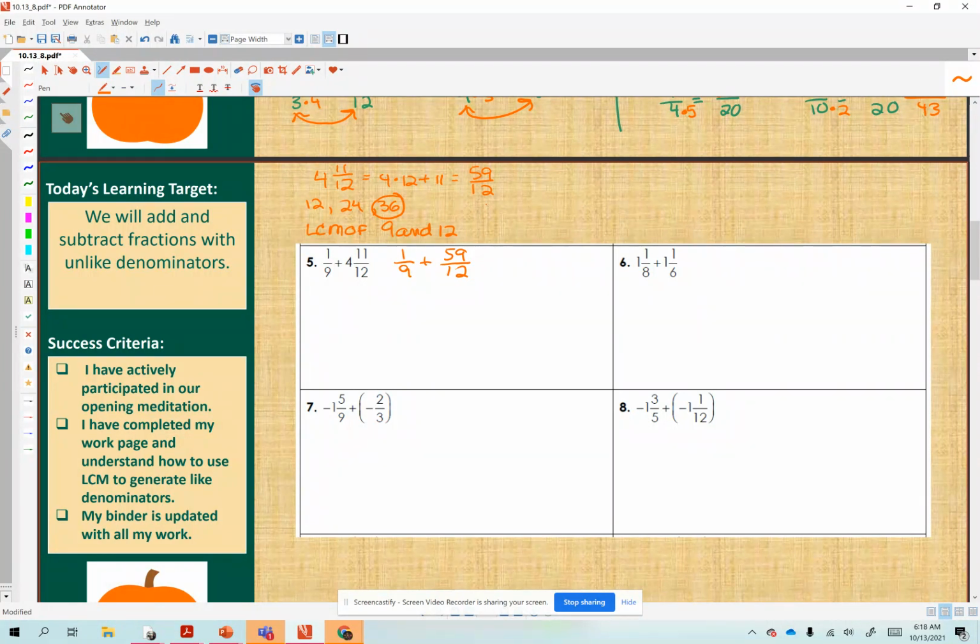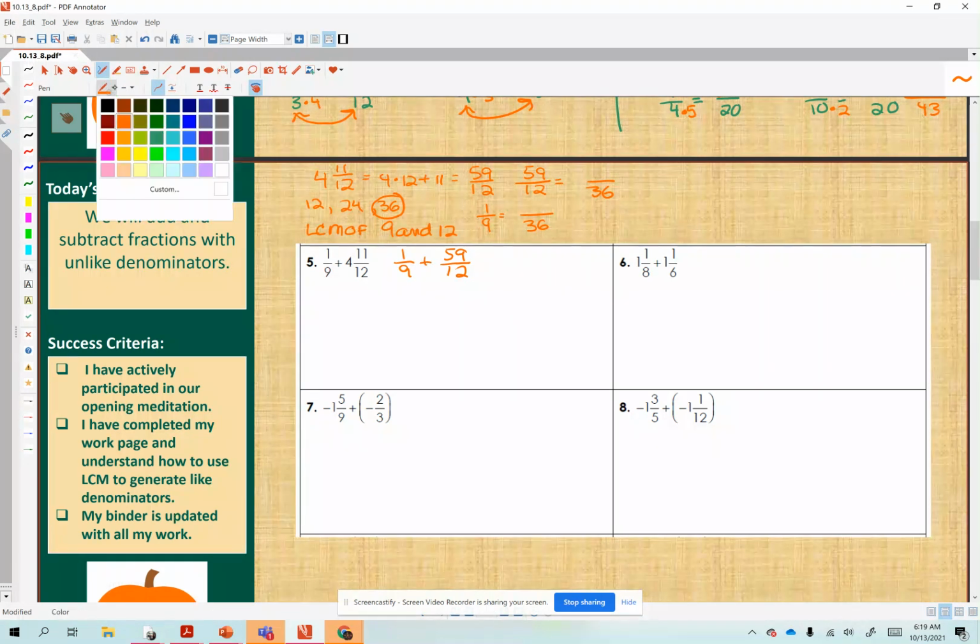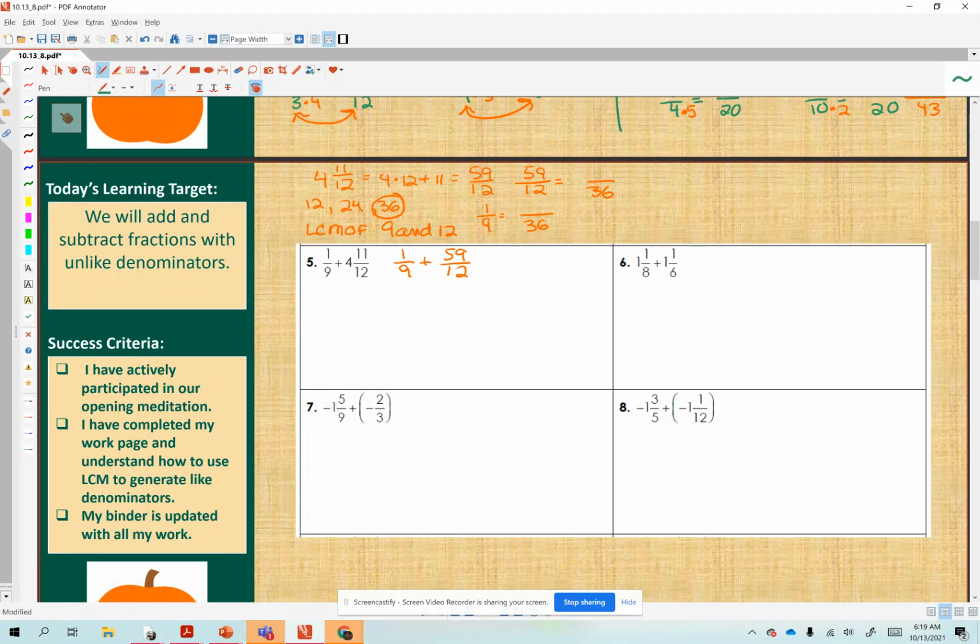So let's convert 1/9 to 36ths. And then we'll convert 59/12 to 36ths. We're going to have some big numbers here. You might need a calculator. So let's change our color here so we can see our work clearly.